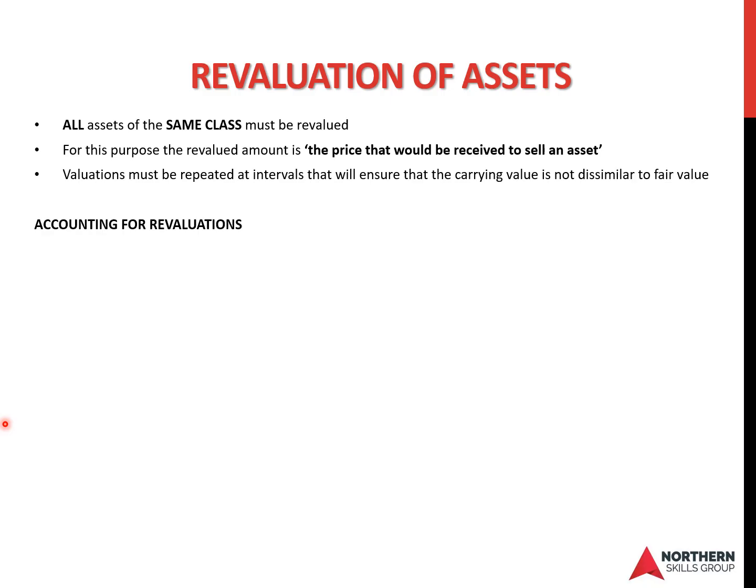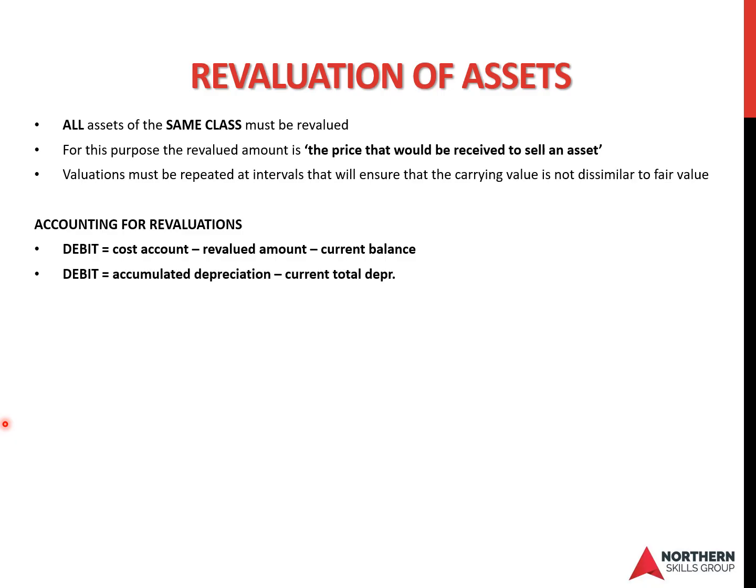Now, when we come to account for the revaluations, the entries are relatively straightforward. Remember, we increase the amount in the asset cost account to reflect the new value. So we debit the cost account.